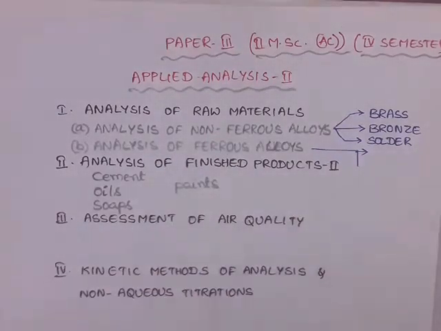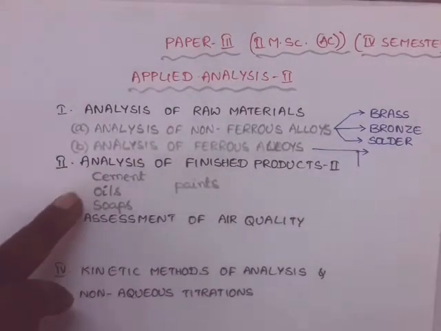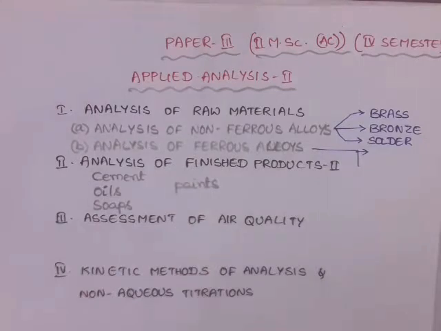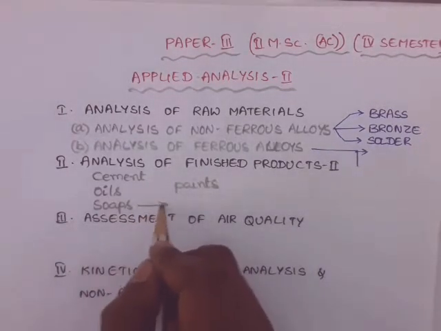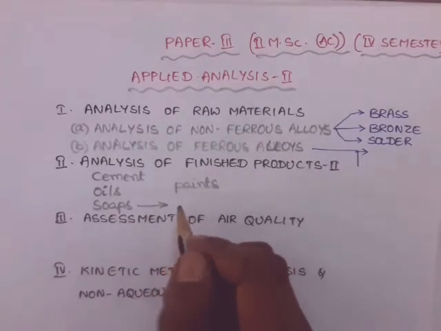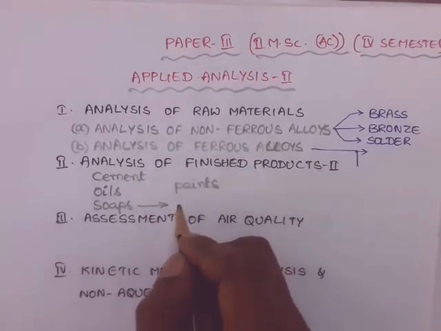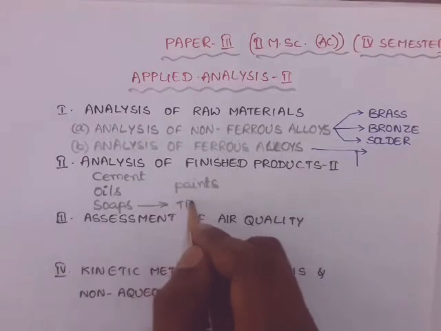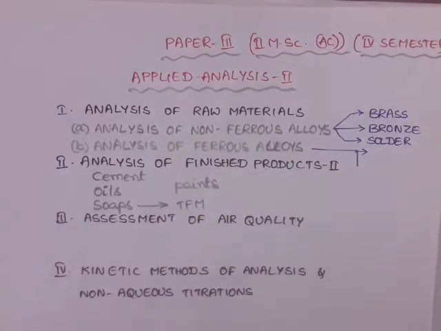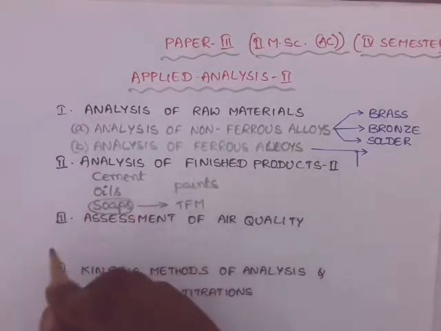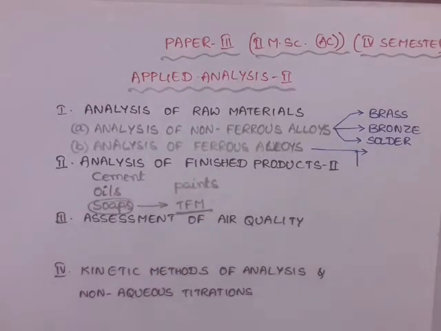Various constituents which are present in cement, oils, soaps, paints, etc., I think you know very well. If you go for soap, you can observe the TFM. TFM is nothing but total fatty matter. Okay? In this topic, we can analyze the TFM value of a soap also.